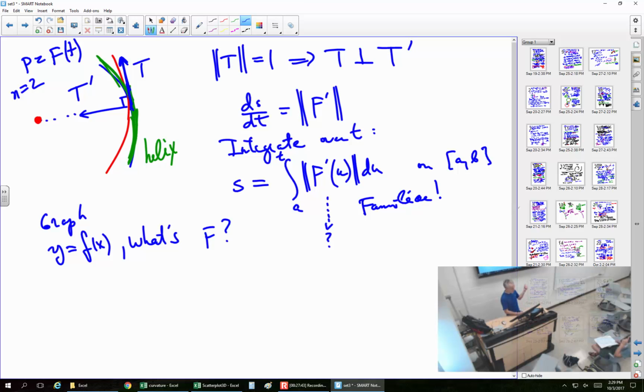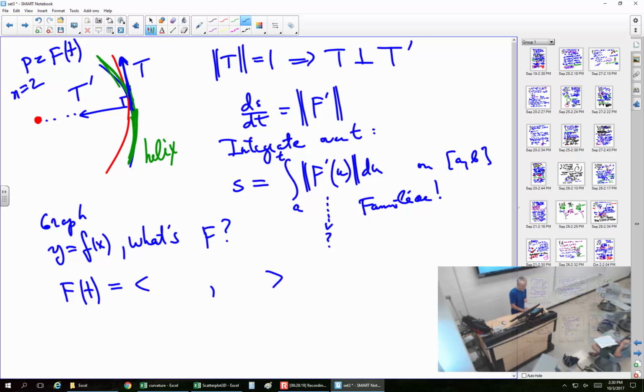So if our curve is given by the graph of a function, remember how we represent it parametrically.